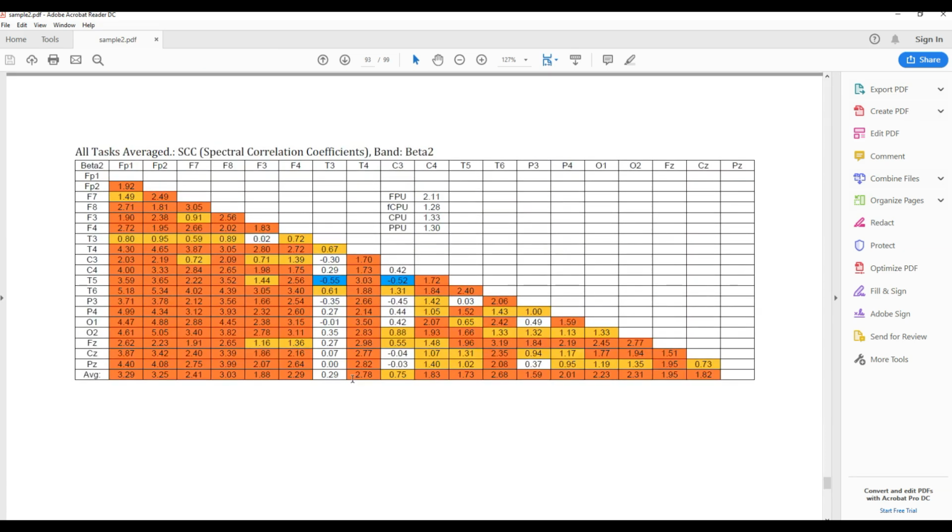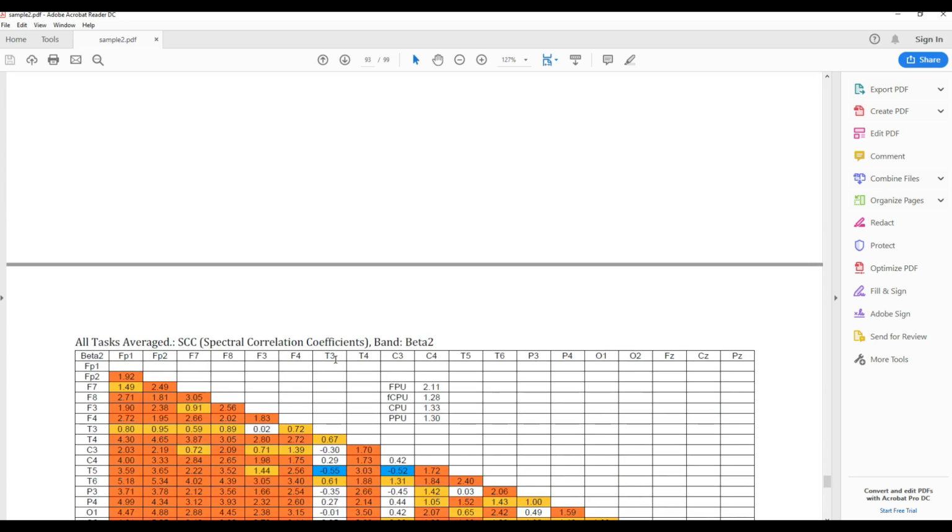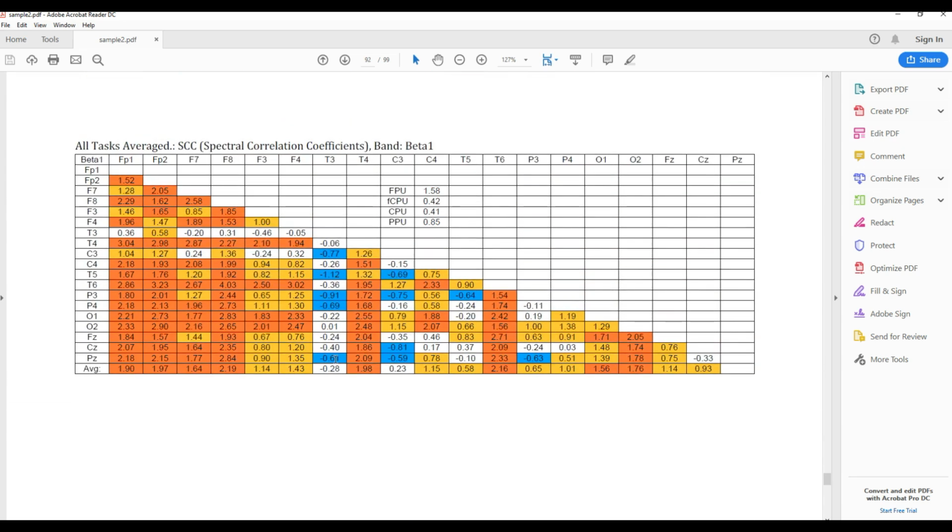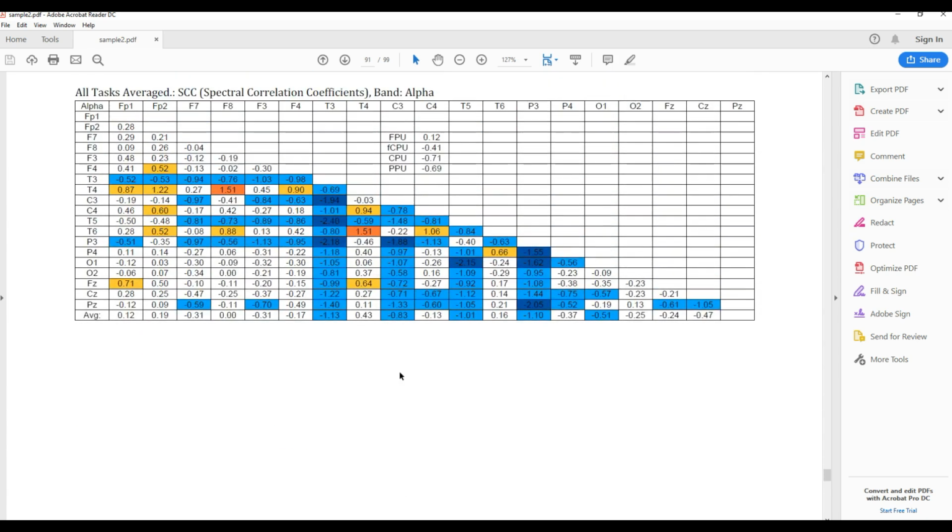Now we go to coherence values, and again there's a strong pattern, a lot of good values, except again the relative performance at T3 is weak compared to the other ones. That was beta 2. Now look at beta 1, the same pattern exists. Now we're extending that to C3. So by doing this type of analysis, you can really see where the weaknesses are.